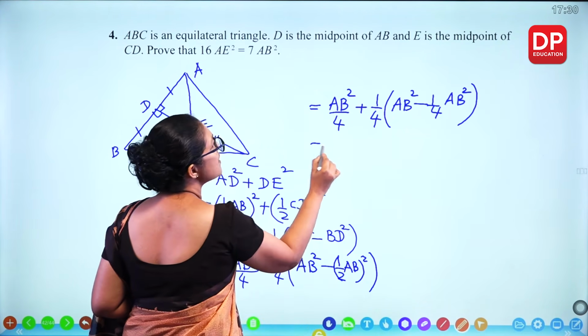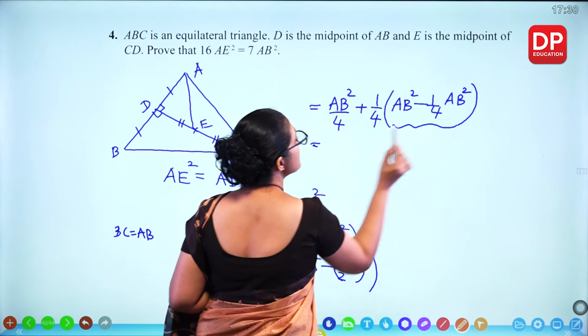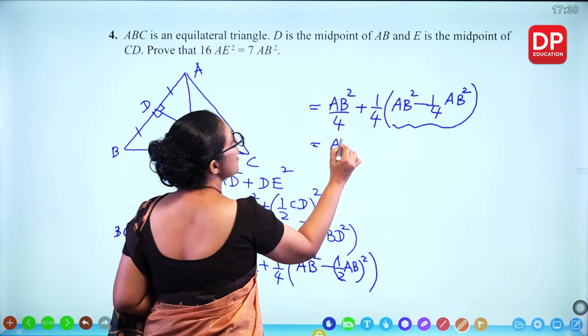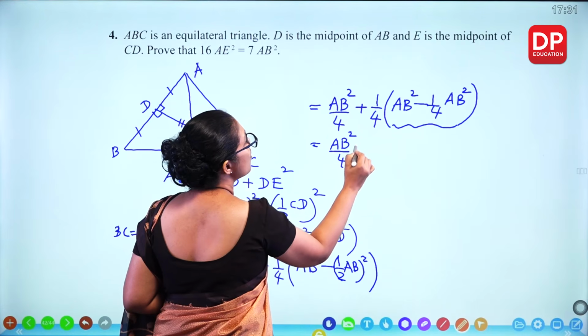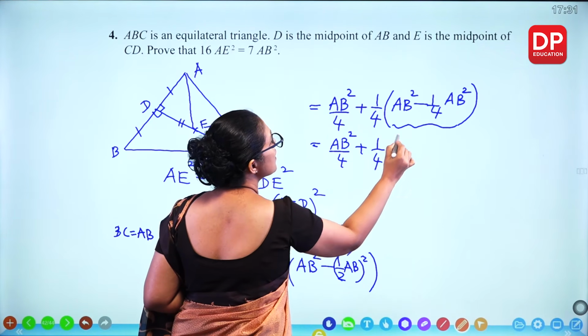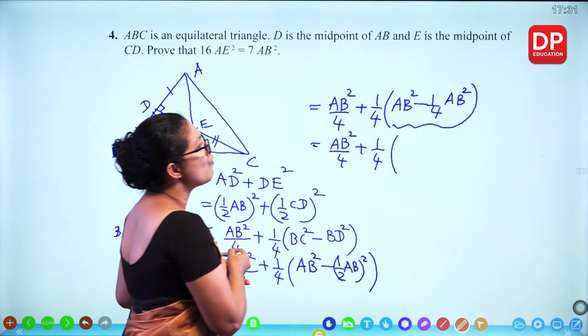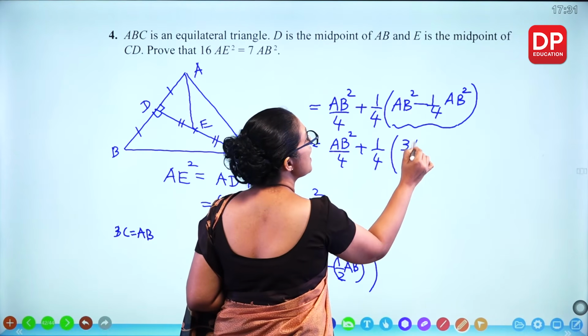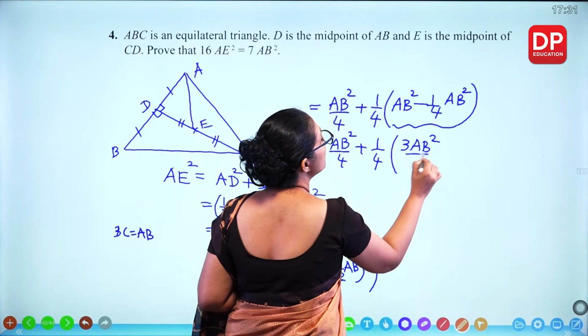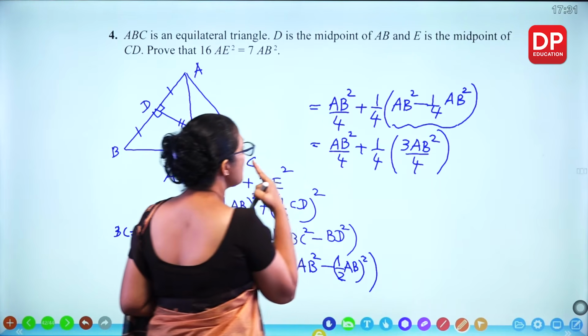Now simplify inside first. This is AB squared over 4 plus 1/4 inside, this is 4AB squared over 4. 4 minus 1, 3AB squared over 4. Now simplify.